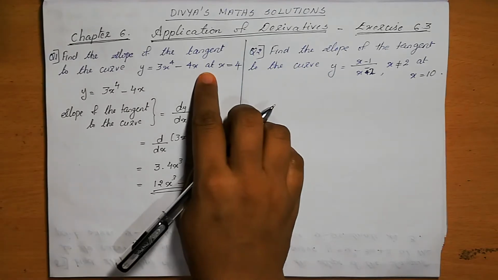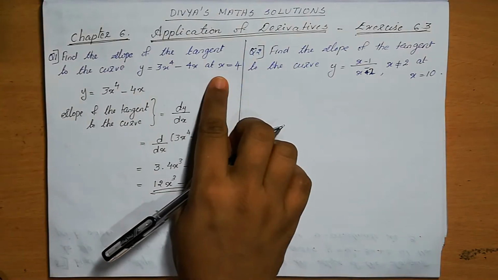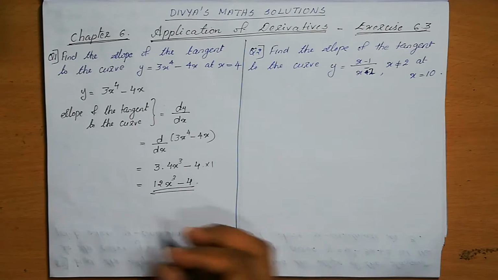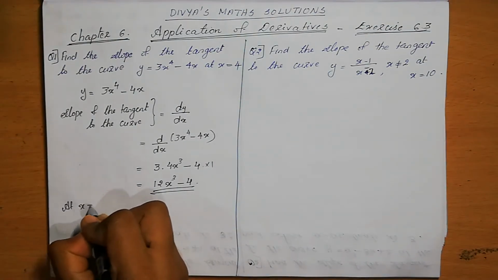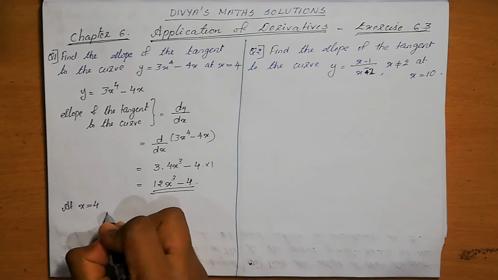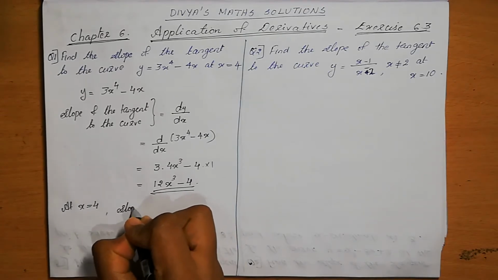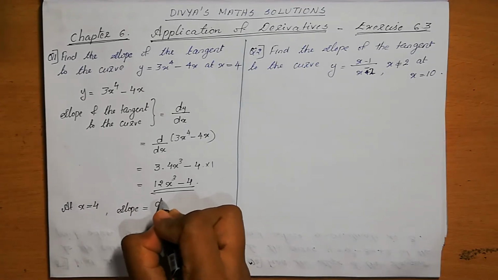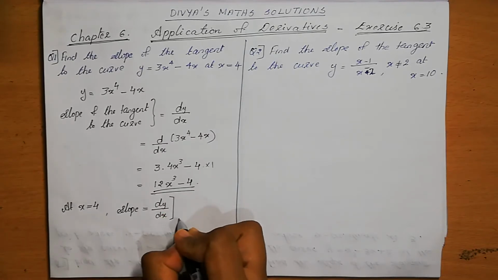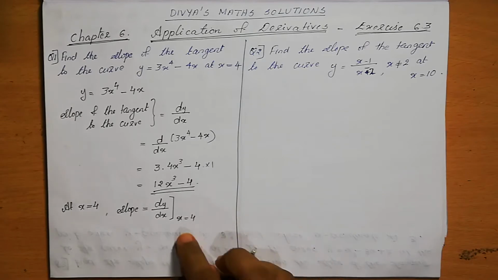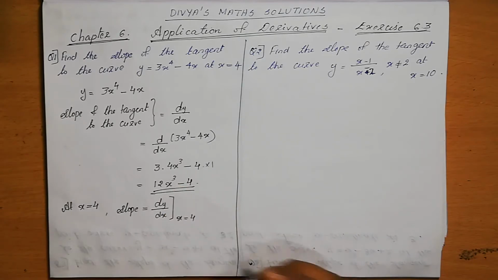Next, we need to find the slope of the tangent at the point x equal to 4, right? That means at x equal to 4, we need to find the slope. Then slope equal to dy by dx at x equal to 4. That means instead of x, what we can substitute? 4 we can substitute.